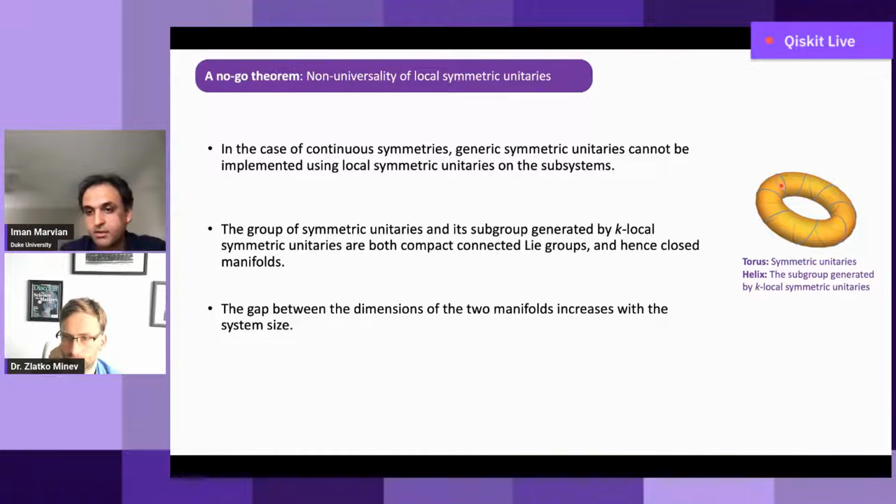The point is, this helix doesn't get arbitrarily close to all points on the torus, which means that you cannot implement a generic desired symmetric unitary with arbitrary precision. And we will see that the gap between the dimension of the manifold associated with all symmetric unitaries and the submanifold generated by local symmetric unitaries increases with the system size.